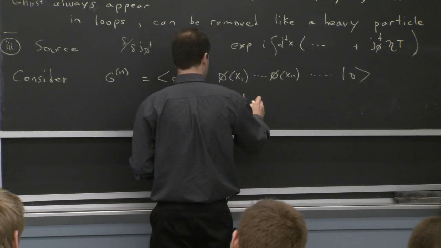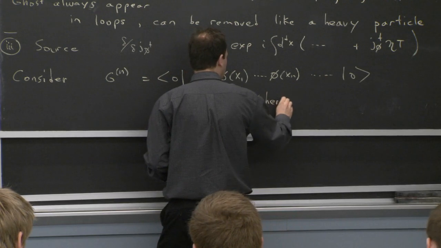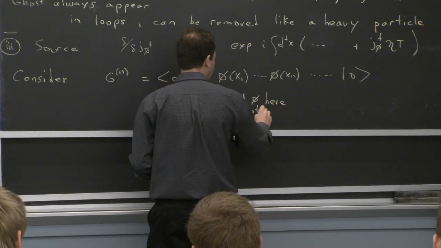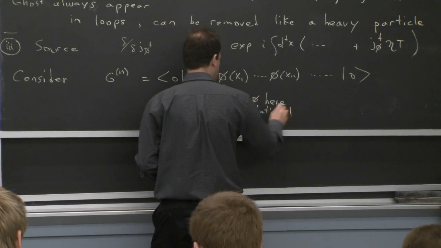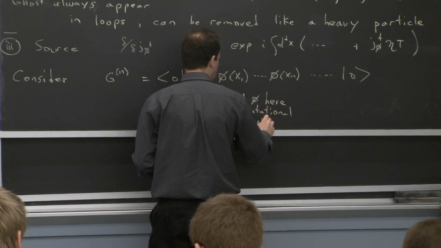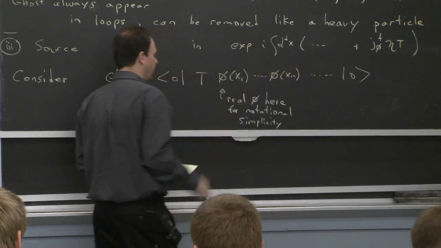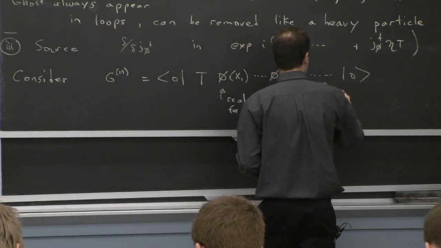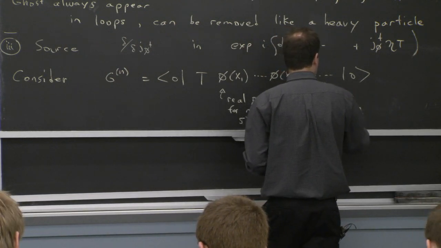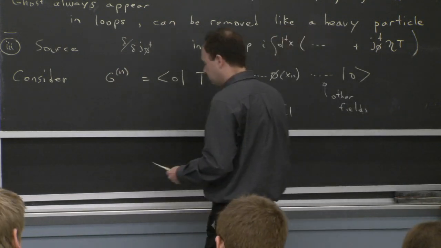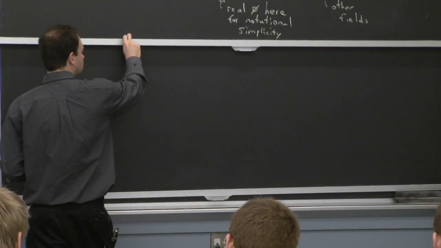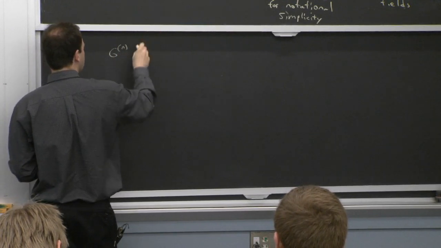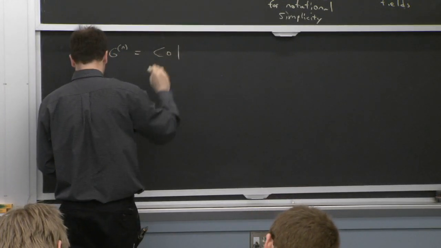I'm going to make my life a little easier by taking the phi to be real. And that's just for notational simplicity. I could write phi daggers and phis, but so when we make the field redefinition, what happens to that time order product?